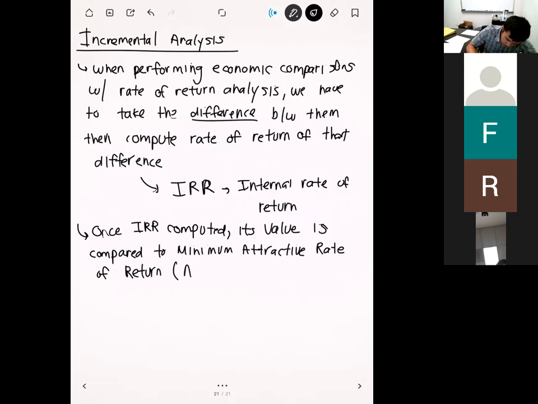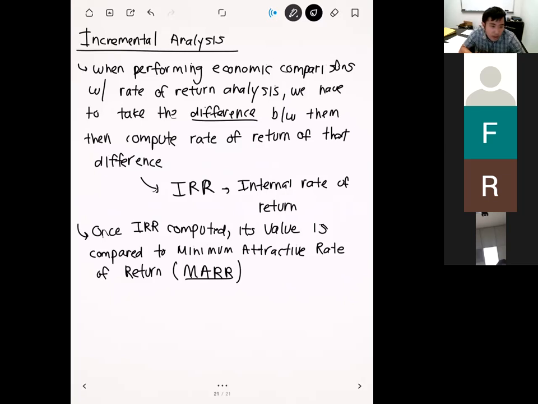Since the minimum attractive rate of return is kind of a mouthful, we often abbreviate it as MARR. You can think of MARR as a threshold, right? Depending on if our rate of return is greater than this or less than this, that's going to tell us which decision or which path we should go to.